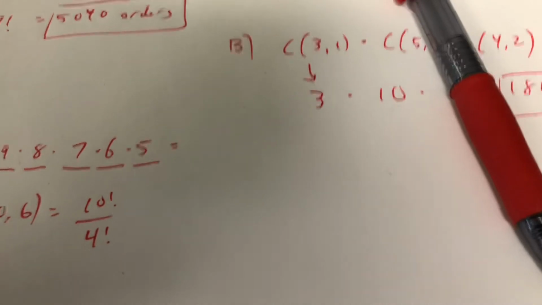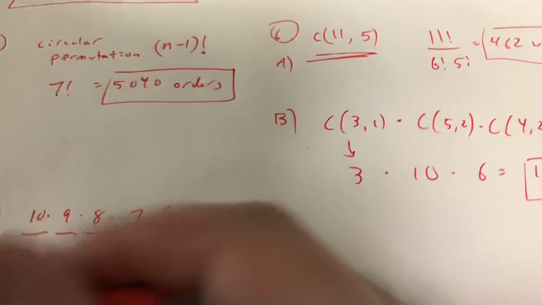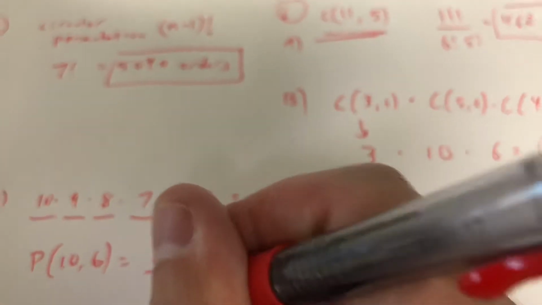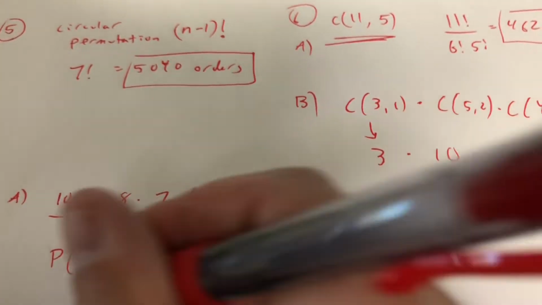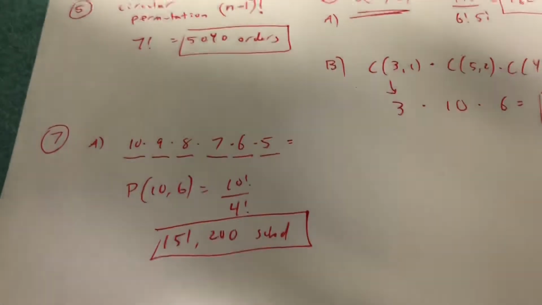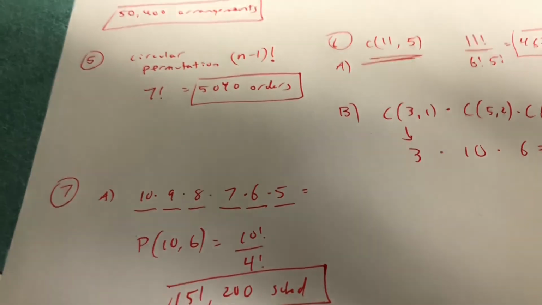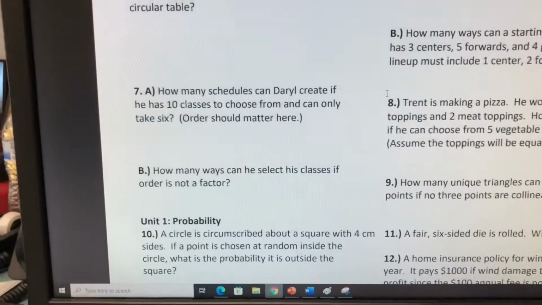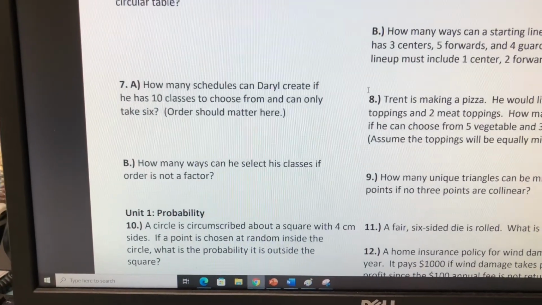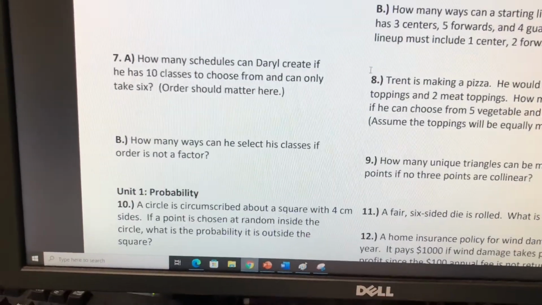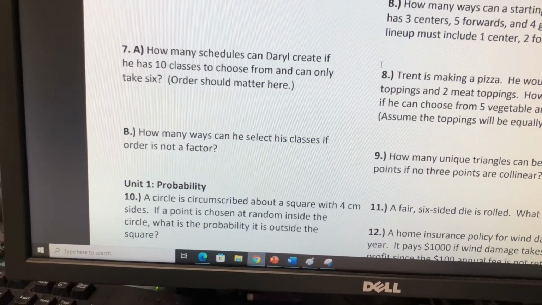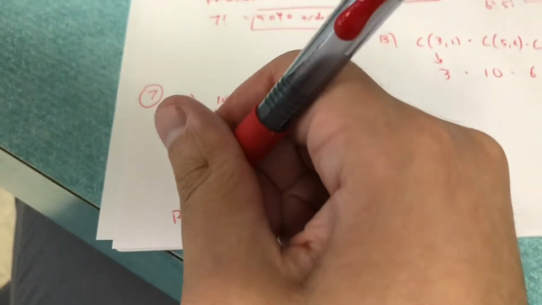So if I've typed this into my calculator correctly, it's a big number. It's going to be 151,200 schedules that this student could make. And it says, how many ways could he select his classes if order isn't a factor? So in other words, if we don't care about which class is first and which is second, if we just care what 6 classes he has, that would make it a combination.